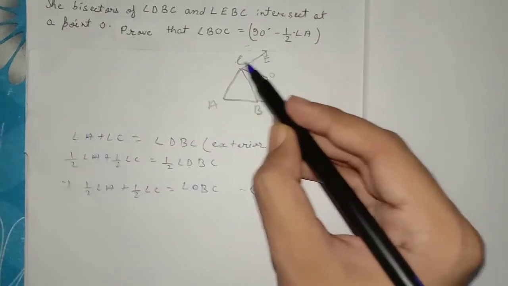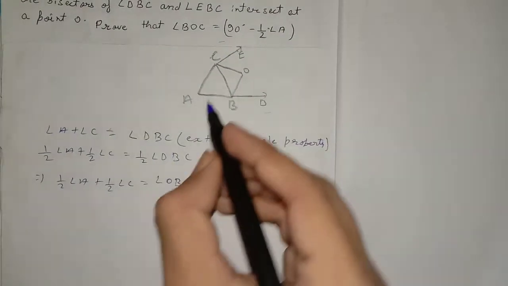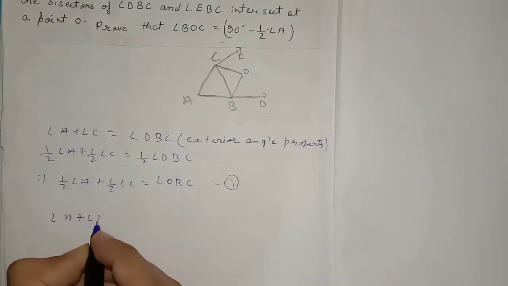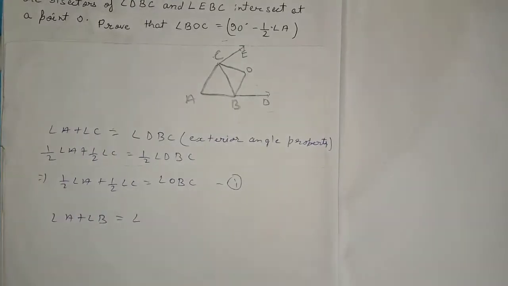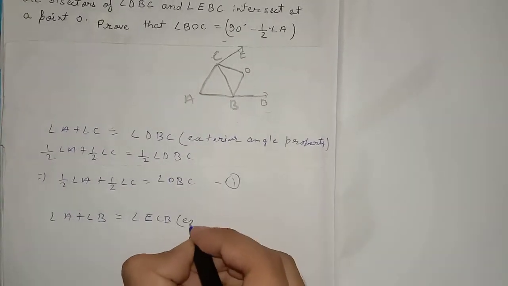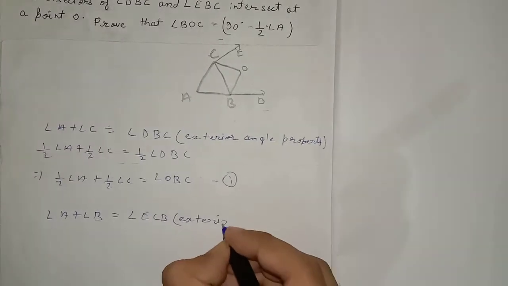And angle ECB is equal to angle A plus angle B. So angle A plus angle B is equal to angle ECB. This is our exterior angle property.